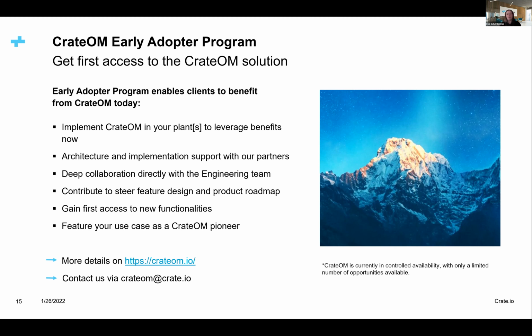So if you tell me, I have a plant, which one of our early adopter customers is already working on, I have a plant in Malaysia, and in Malaysia the internet is not fast enough. I really need this edge deployment right now in my first plant. Then we're going to make sure that this is the first we're going to work on.